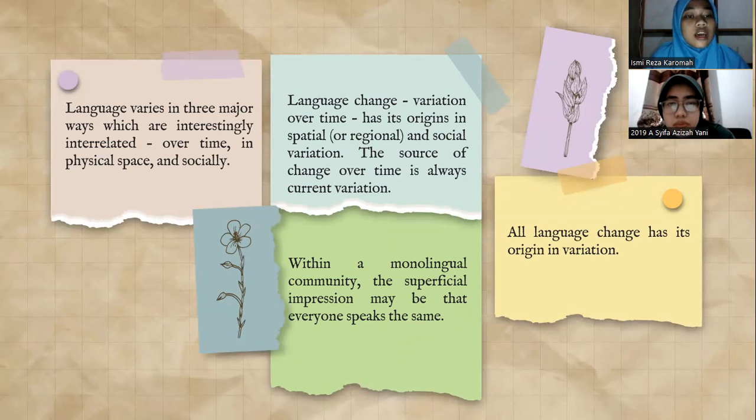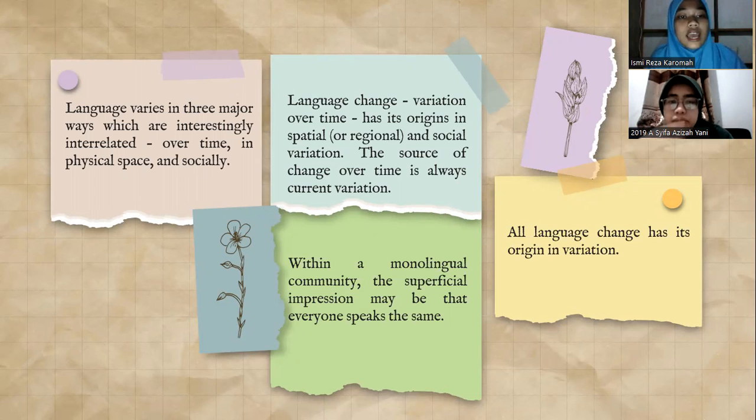Within a monolingual community, the superficial impression may be that everyone speaks the same. In a small town, it often seems that everyone uses the same language, but a little thought will soon identify areas of variation, most obviously in vocabulary and also pronunciation.